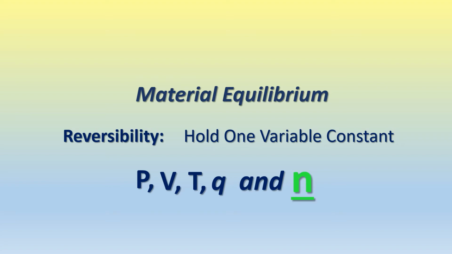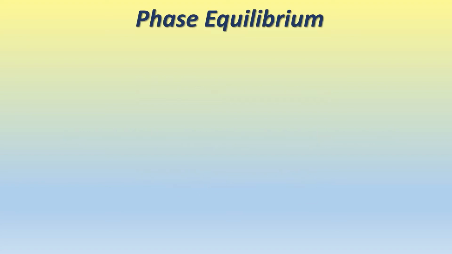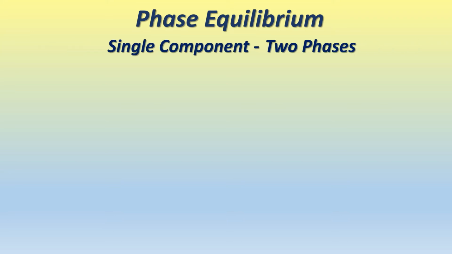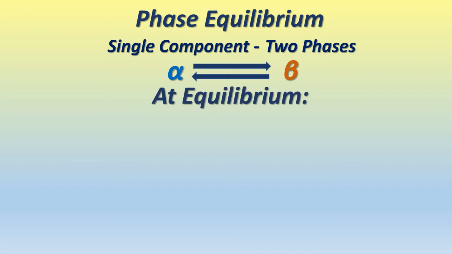The easiest type of material equilibrium is phase equilibrium, where, just generally speaking, let's say 2 phases exist. A single component can either exist in phase alpha or phase beta that are in equilibrium with each other. At equilibrium, by definition, delta G is going to be 0.